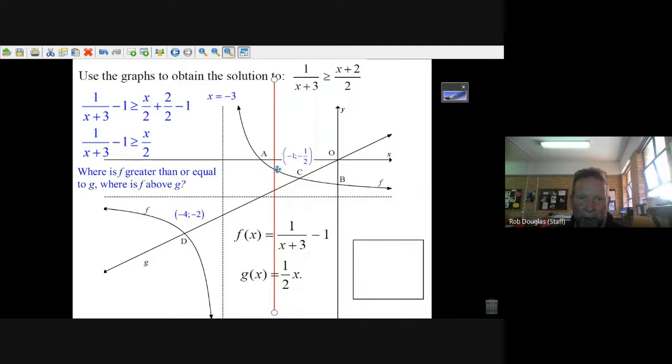So right here, what was that? Minus 1. It's working. Everything is good all the way to minus 3. And then it's not good because f doesn't even exist. So we have to say x is less than or equal to minus 1 or greater than minus 3.